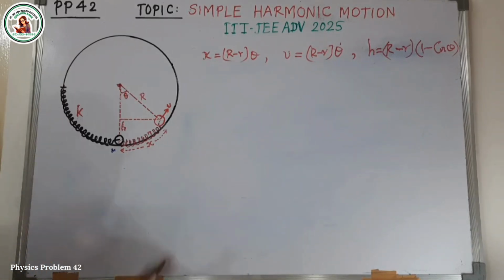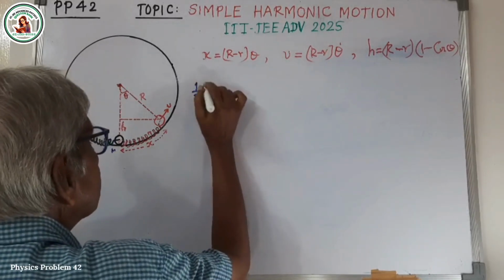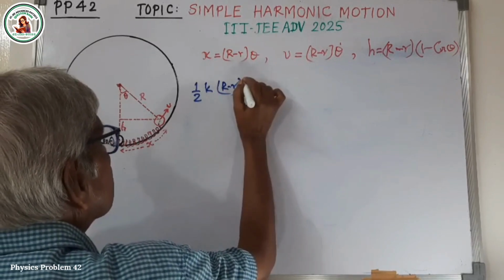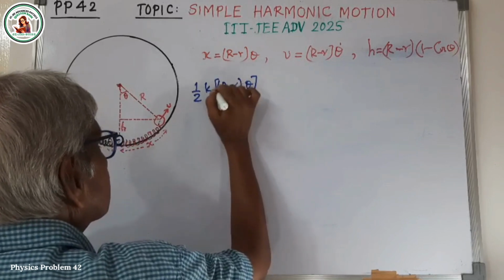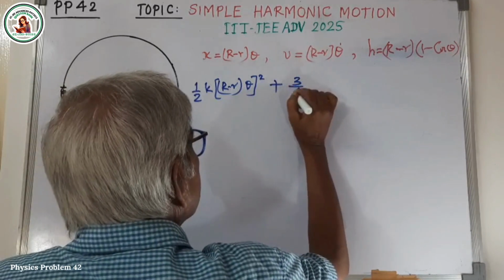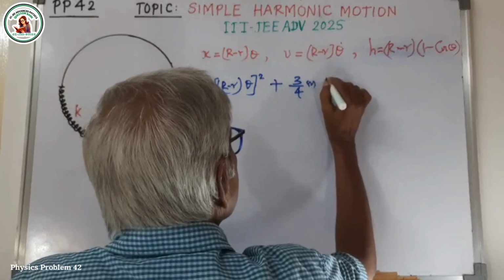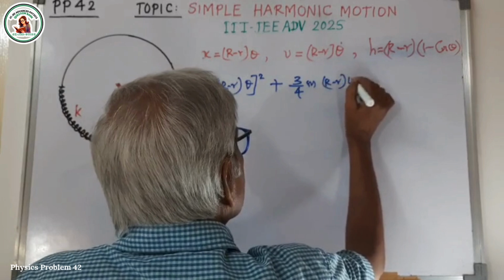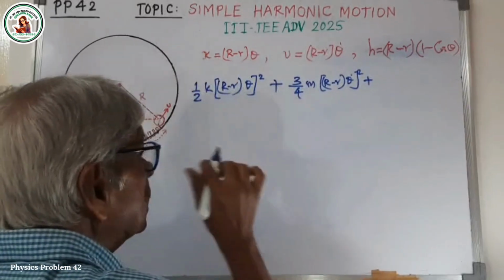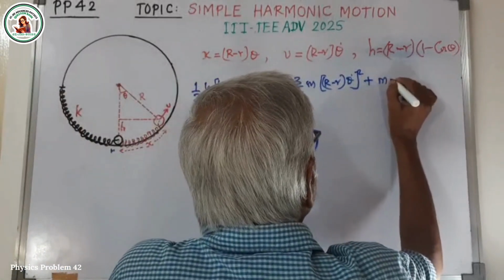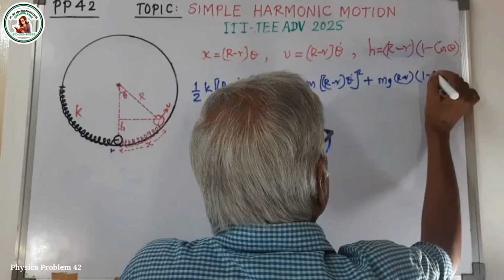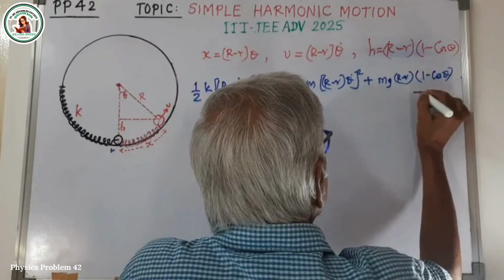The energy equation we have already done: half k x square, where x square means (R minus r) square into theta square, plus 3 by 4 m v square, where v square means (R minus r) into theta dot, whole square, plus mg into h, where h is (R minus r)(1 minus cos theta). This is equal to constant.